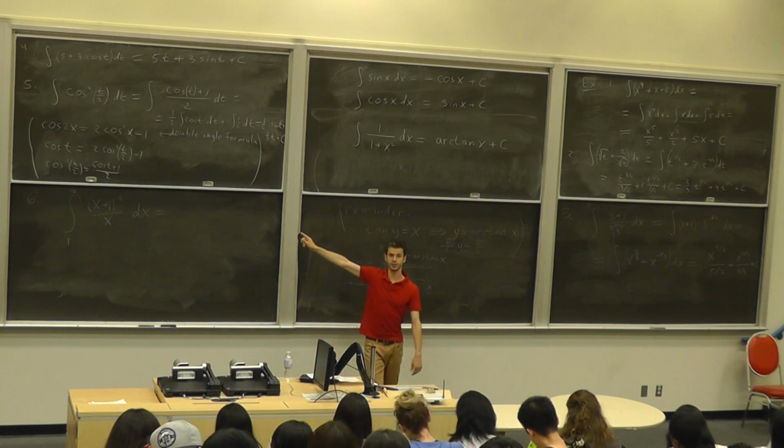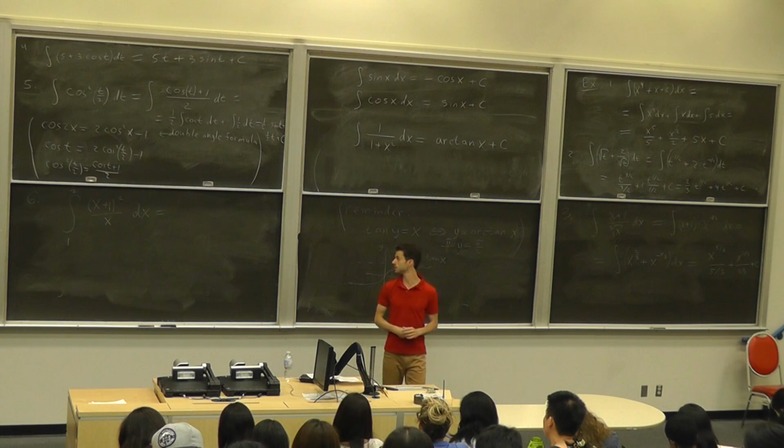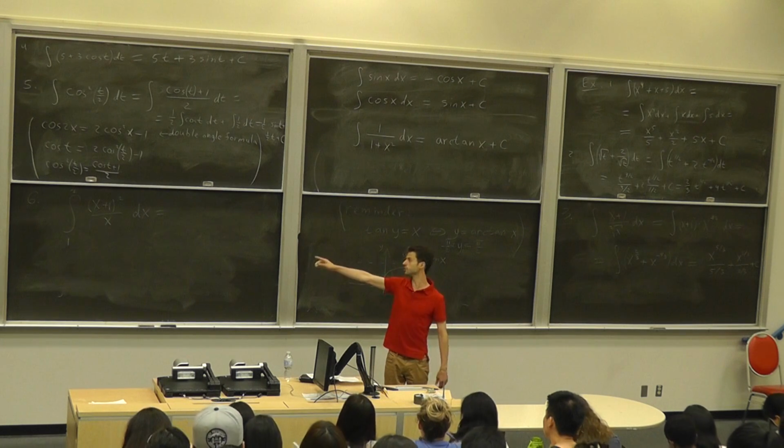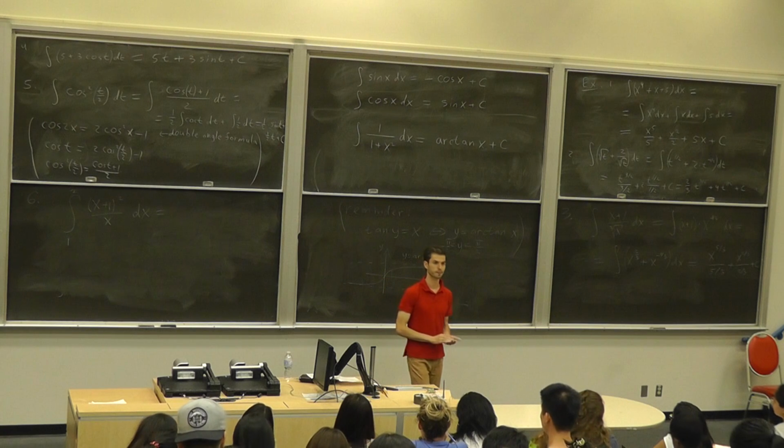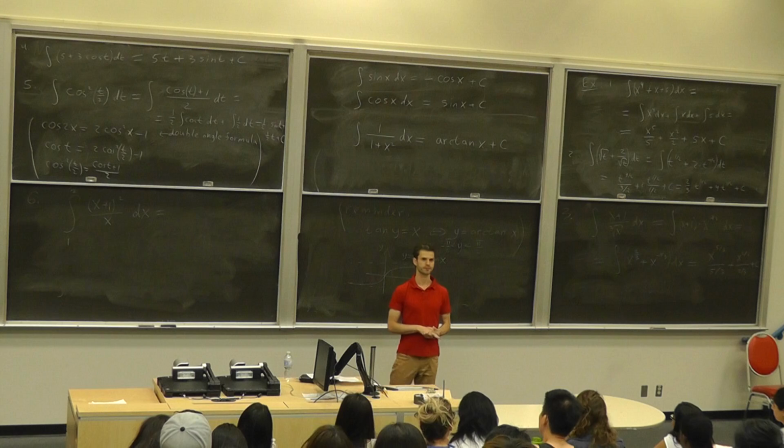So now I'm going to find the area under the graph of this function, or in other words, the integral from 1 to 2 of this function. So any suggestions? How can we find it?